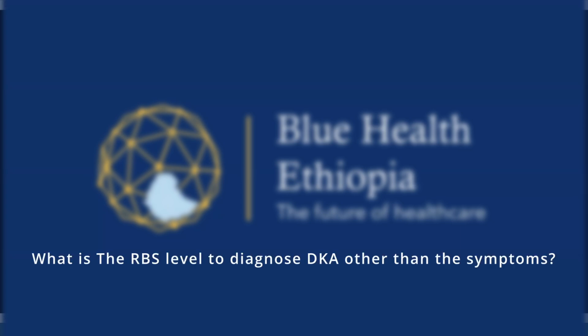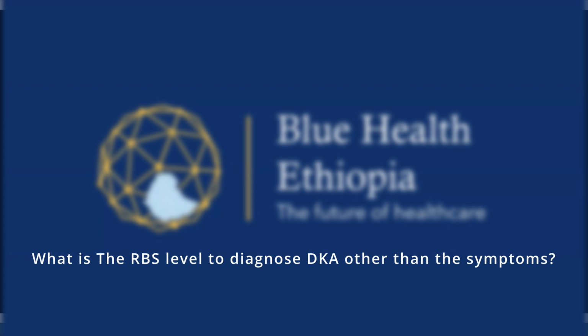Another question by Hewan says, what is the random blood sugar level to diagnose DKA other than the symptoms? This is not clear, but we diagnose DKA if the random blood sugar is more than 200 milligram per deciliter. But as I said earlier, to diagnose DKA, it's a triad: diabetes, ketosis, and acidosis.